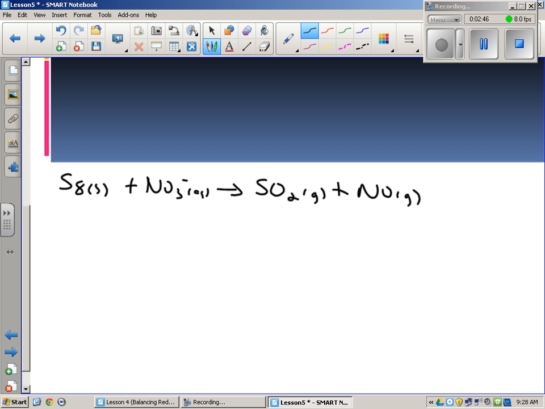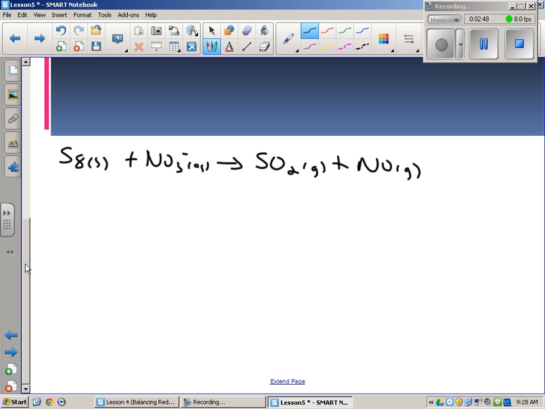This is my target equation here. On this side, I have an S8. So I have sulfur on this side, and we have to match it up with something on the right-hand side, probably SO2. So I'm going to start with an S8 on the left-hand side, and on this side I'm going to have my SO2 gas.